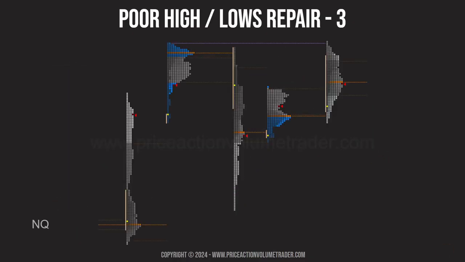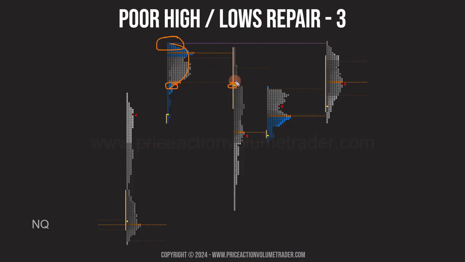Next example here in the NASDAQ, we have this extended trading hours session with this poor high right over here. A lot of time accumulated right near the top, so you can see there was a lot of buying pressure. We did have a rejection and closed back within this bottom area.